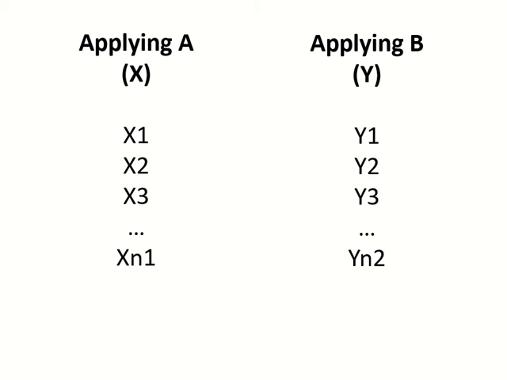N1 means we are applying this drug A to n1 number of persons or patients. The effect has been measured as x1, x2, x3 up to xn1, and that effect may be calculated as the percentage of cure.